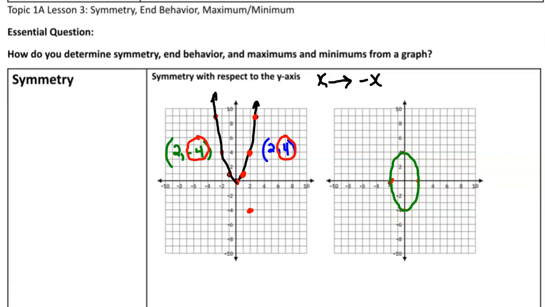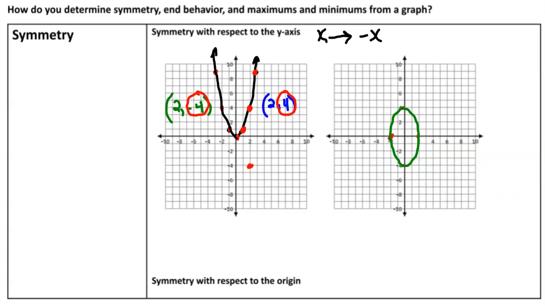This one here is not the best example because it's got symmetry for x and for y, but if I pick a point right here, which is the ordered pair 2, 0, and you should notice again, I don't know if this was the greatest example to use, but this point right here is negative 2, 0, and of course you can't negate 0.